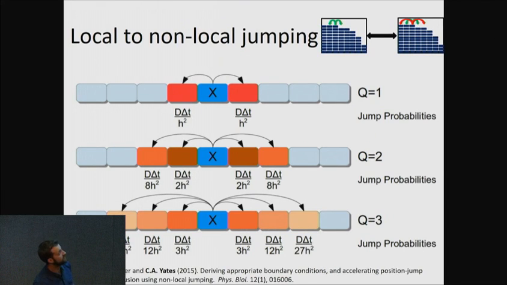So the first hybrid model I'm going to tell you about is a local to non-local jumping model. So the first thing I need to do is establish this equivalence framework between local and non-local jumping. So to do that, for these on-lattice models, I can write down what's called a probability master equation, and then I can use that to derive the evolution of the mean numbers of particles in each box of the lattice.